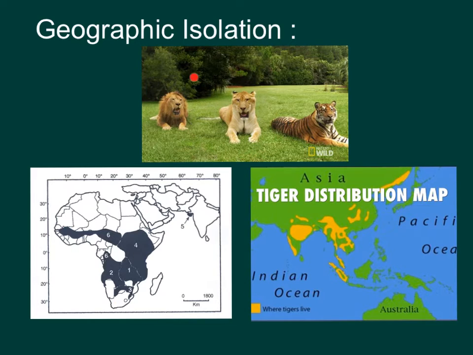The lion is Panthera leo, and the tiger is Panthera tigris. That last word is the species name, and they are considered to be different species because they do not share geographic locations, and thus because they do not share geographic locations, they do not normally share genetic information.